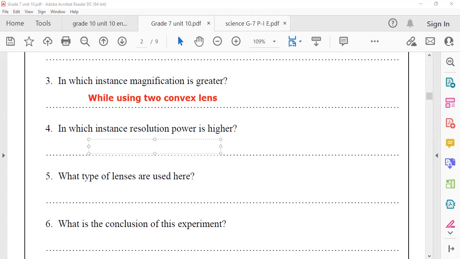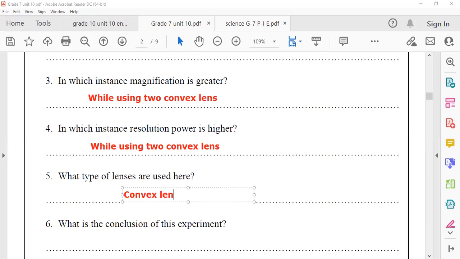While using two convex lenses. Clear? Okay. What type of lenses are used here? Simple answer. Convex lenses. Correct.